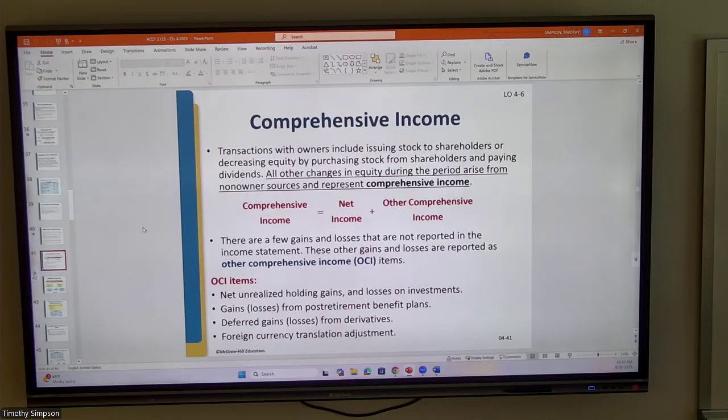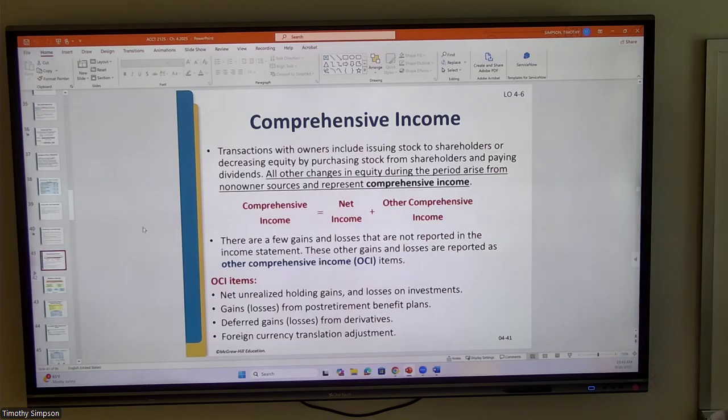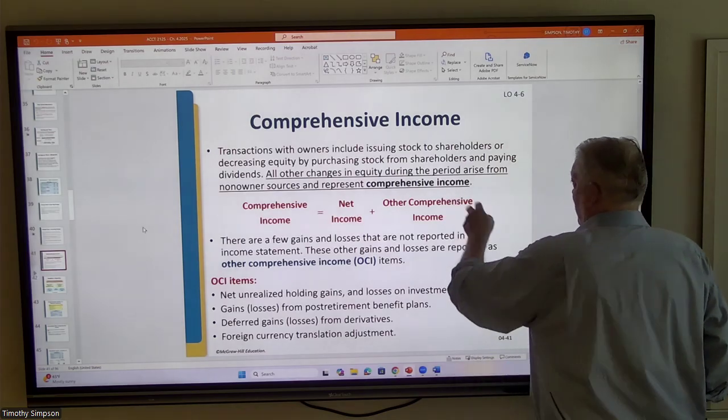When we talk about transactions with owners, the text gets into quite a lot about transactions with owners and transactions with non-owners, non-owners typically being lenders and other parties. But all changes in equity during a period arise from non-owner sources and represent comprehensive income.